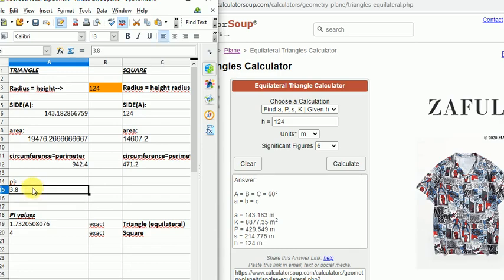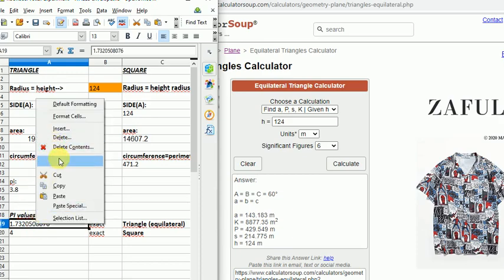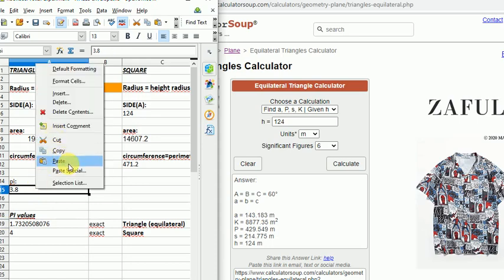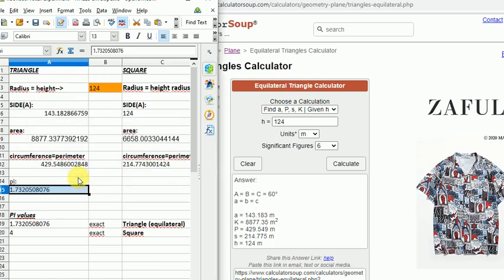I'll put it back at the right value. Only when it's at the right value of pi, which I selected, I won't tell you how, does it give the right answer for any height, which I'm treating as the radius here. So this is the value of pi for any equilateral triangle of any given height.